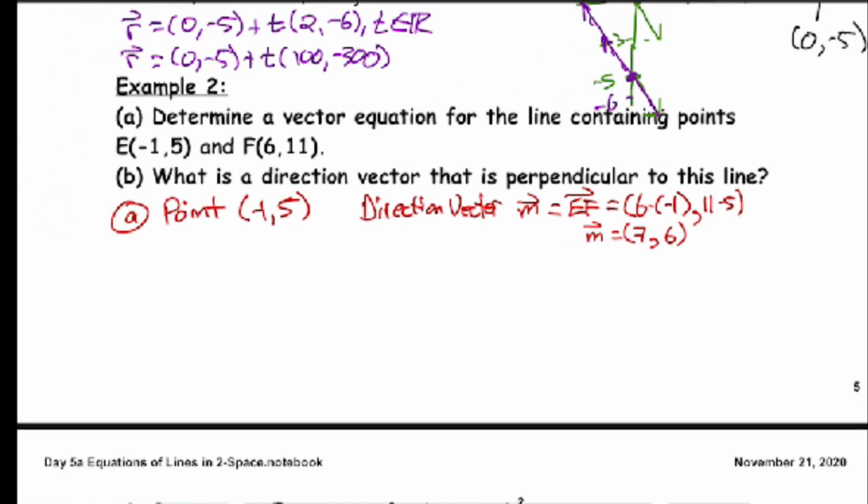So let's plug in our values. Therefore, our equation is vector r is equal to (-1, 5) plus t times our direction vector (7, 6), and don't forget that t is an element of the real numbers.